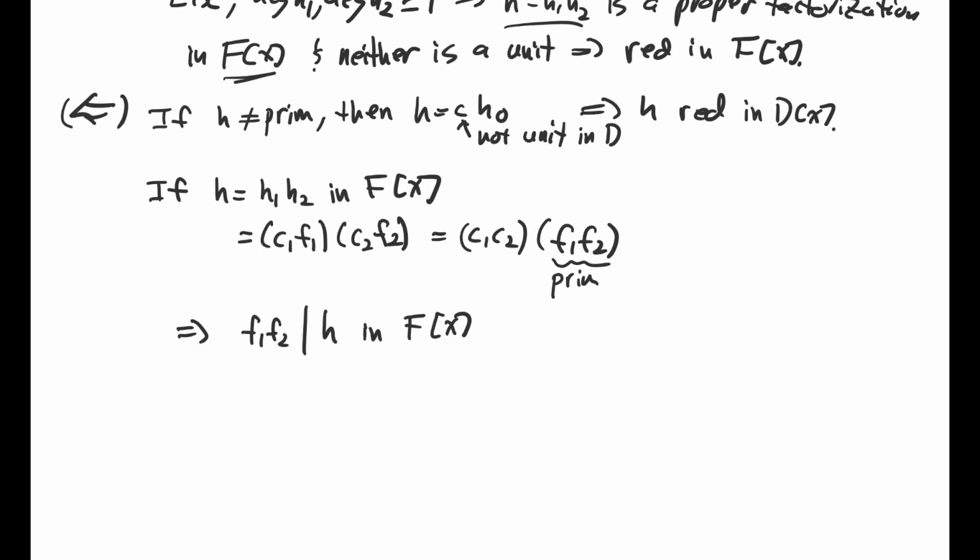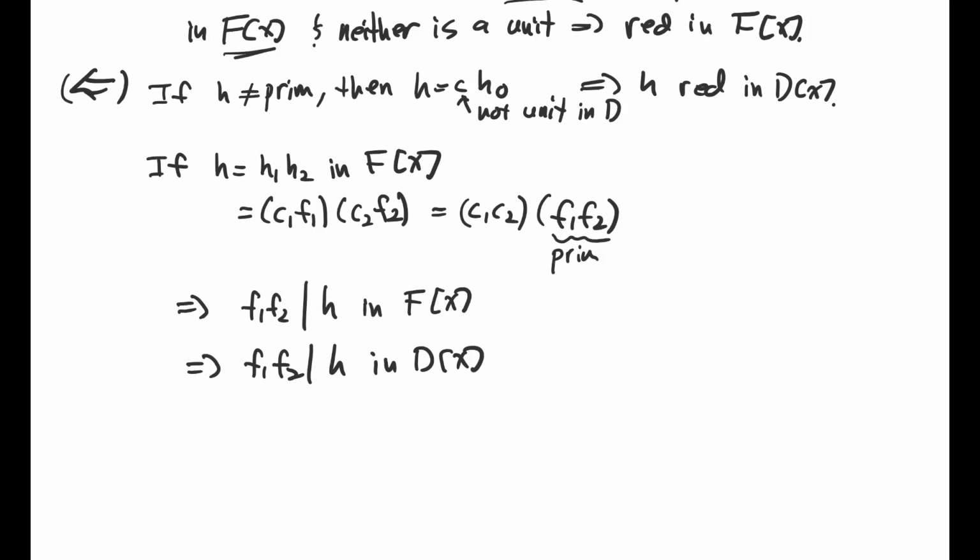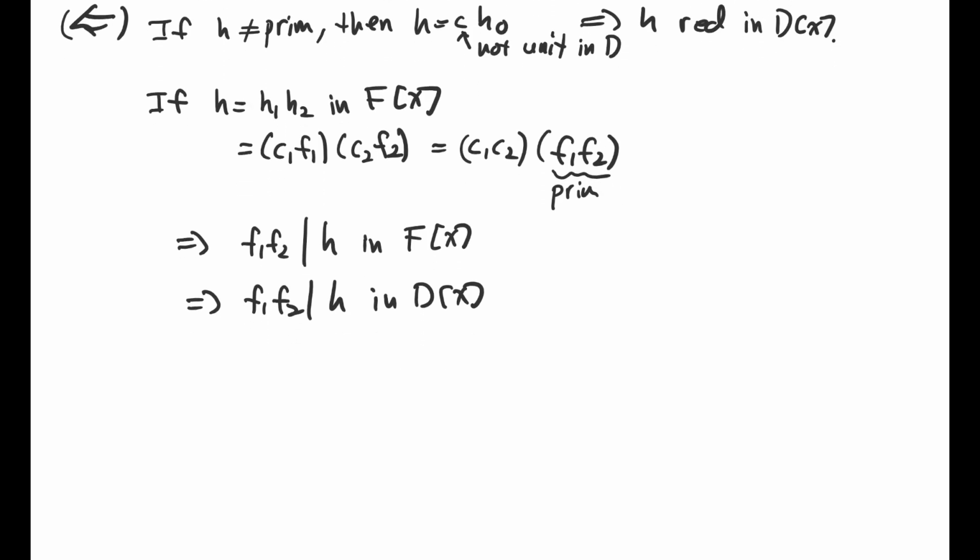So this means we have f1, f2 dividing h in F[x], but I guess part 3 that we already did says that, because they're primitive, and the start and the finish are in D[x], then actually it divides it in D[x]. So that means h is c times f1, f2, where the c is in D now.